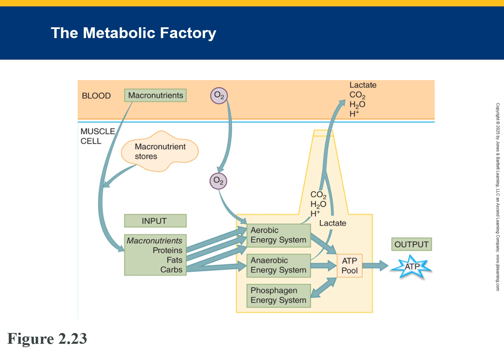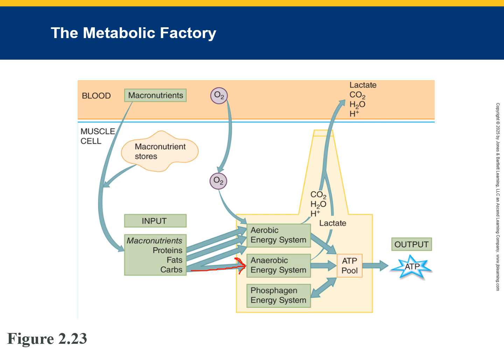The macronutrients are absorbed into the muscle cell as either a protein, fat, or carbohydrate. You'll see that the carbohydrates are the only source that can go into the anaerobic energy system, right here at this blue arrow. Carbohydrates, fats, and proteins all can feed into the aerobic energy system.